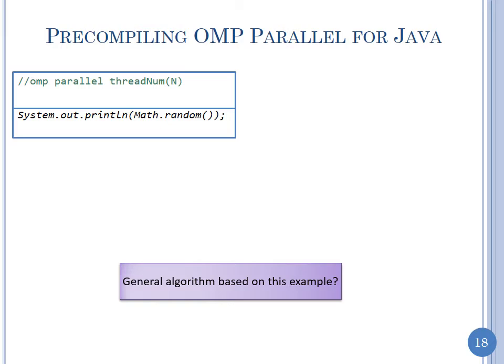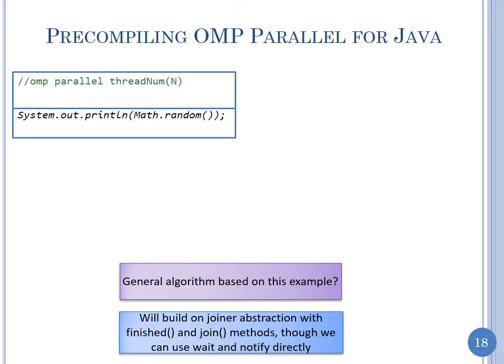We took first a simple example where we have to print out random numbers in parallel, and there's no variables being accessed here explicitly. There is a random seed that we don't have to worry about, which is in the math library.